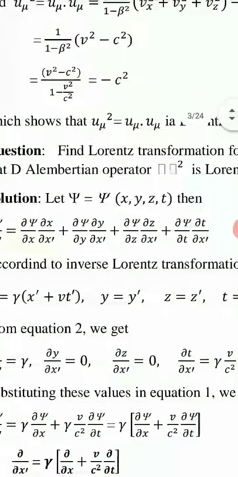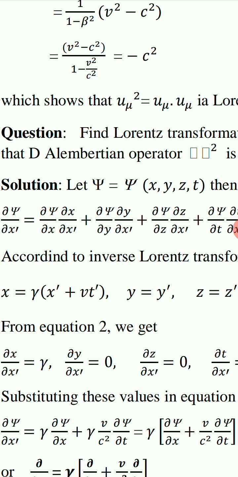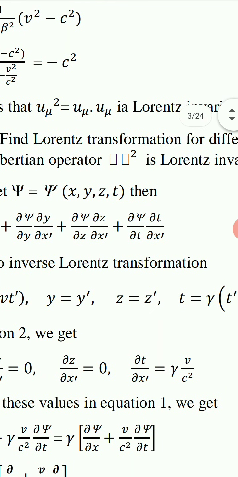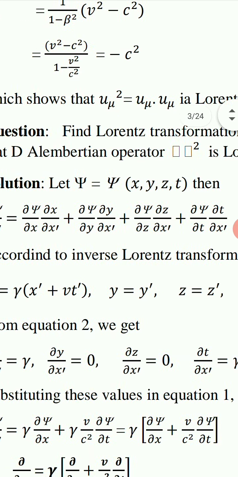If psi is a function of x, y, z and t, then delta psi upon delta x dash equals delta psi upon delta x into delta x upon delta x dash, plus delta psi upon delta y into delta y upon delta x dash, plus delta psi upon delta z into delta z upon delta x dash, plus delta psi upon delta t into delta t upon delta x dash.